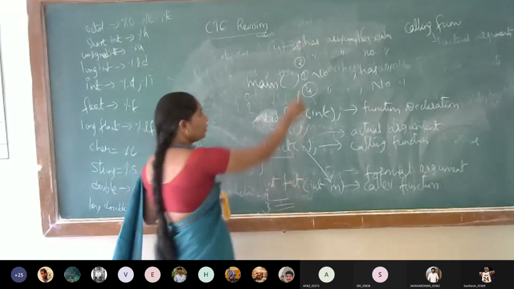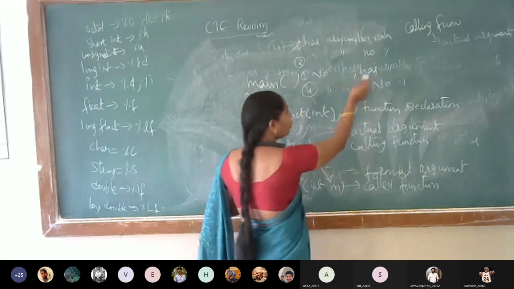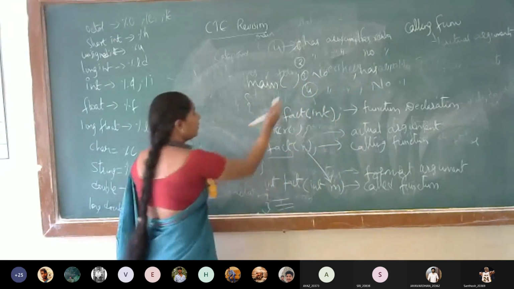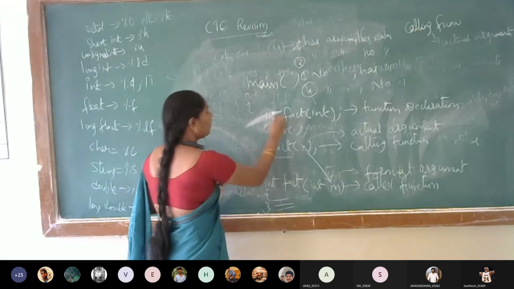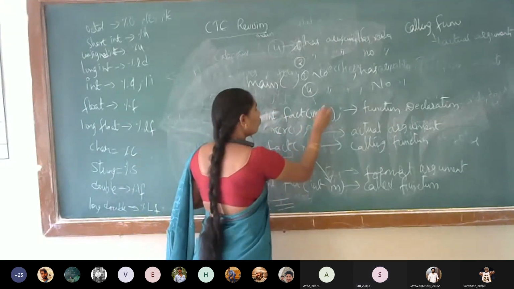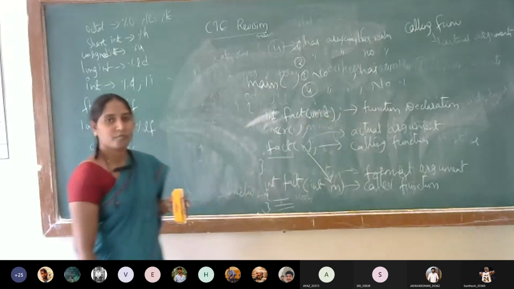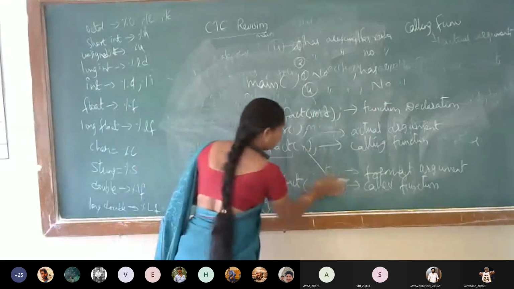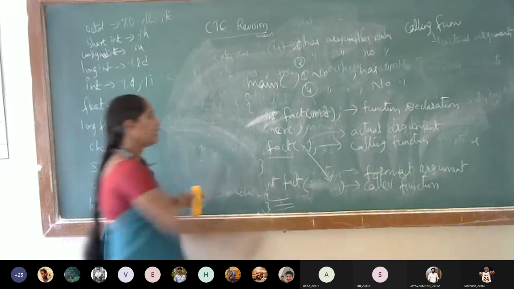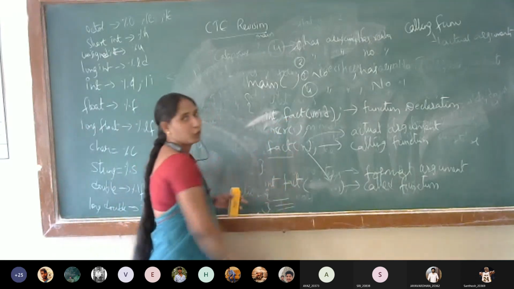Coming to the third category, no argument, has return type. Here I write void for the argument, so I won't have any argument. It won't take any input from the calling function to the called function.